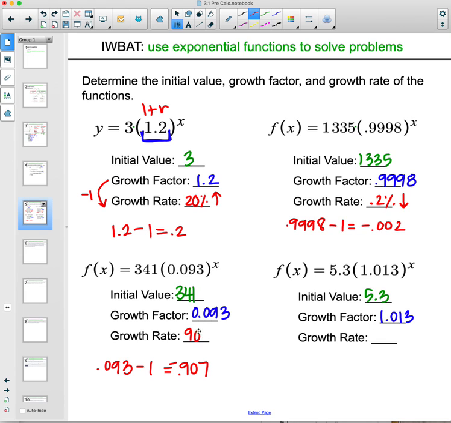So as a percent, that's 90.7%, and then decrease in this case because this was less than 1 and we got a negative. So 1.013 minus 1 here, and get 0.013. As a percent, that's 1.3%, and this was positive, so it's an increase.